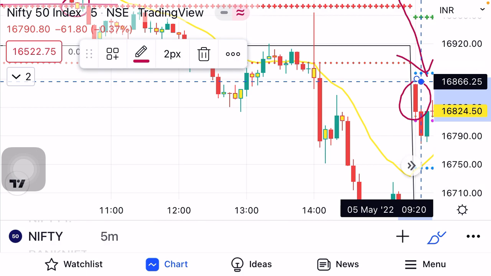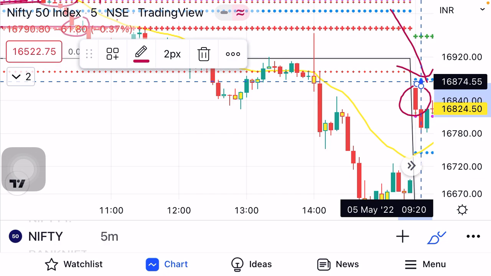See, whenever the market is inside the CPR, don't take any trade. It's a very wide CPR, so whenever the CPR is very wide, you can't take a trade, because the stop loss will be very big. The distance between the top CPR and bottom CPR will also be very wide, right? So you can't take a trade inside the CPR.